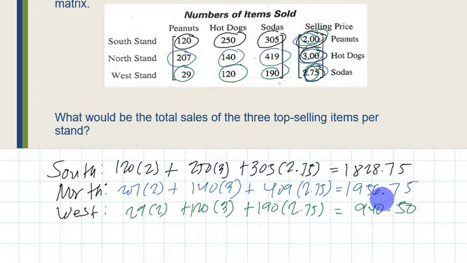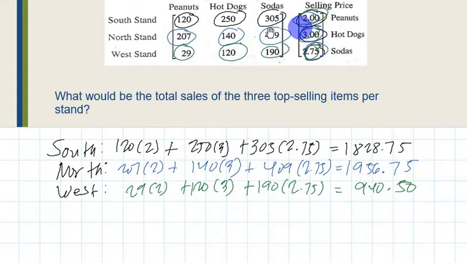So, this is telling us that the south will have a total sales of 1,828.75, the north 1,956.75, and the west 940.50.